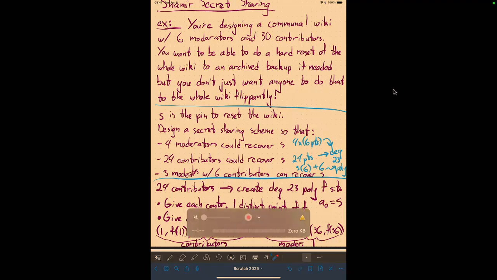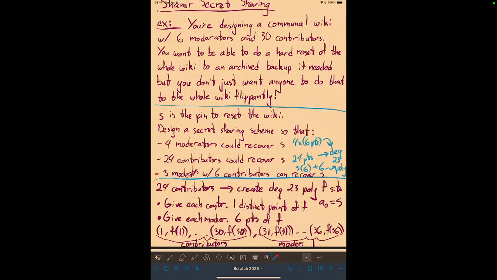If you didn't want that, you would need a lot more cleverness, maybe different polynomials. What we set up satisfies these conditions, but there may be other groups of people, some number of moderators with some number of contributors, that can unlock it once they get 24 points.